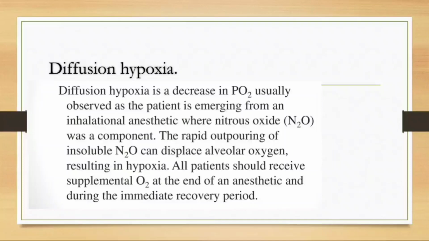So all patients should receive supplemental oxygen at the end of the anesthetic procedure and during the immediate recovery period. We should always make sure that we have sufficient supplemental oxygen for the patient, because nitrous oxide, being insoluble, can replace the alveolar oxygen. So there will be hypoxia.